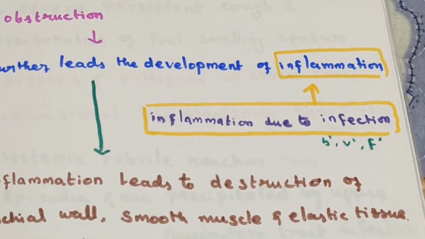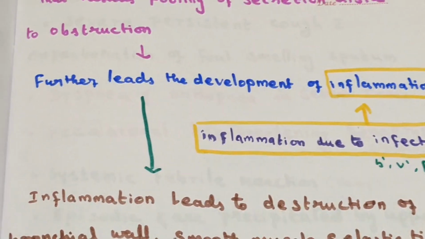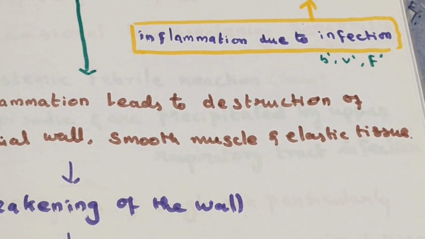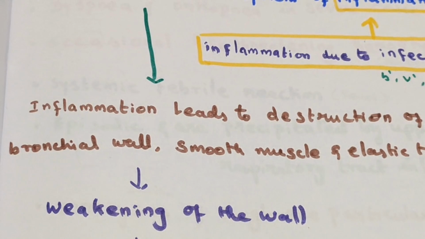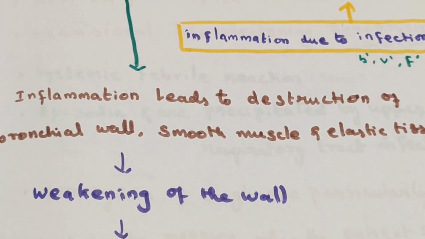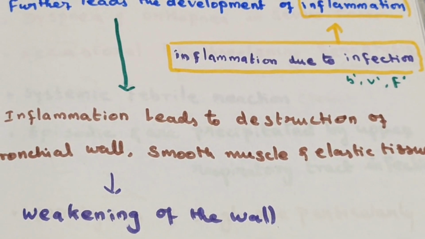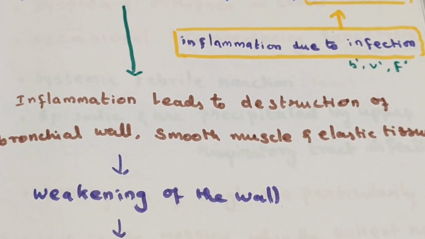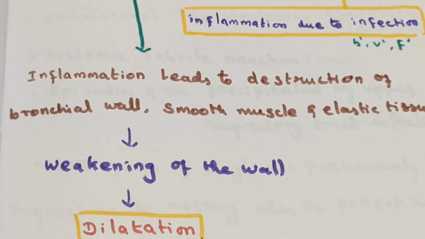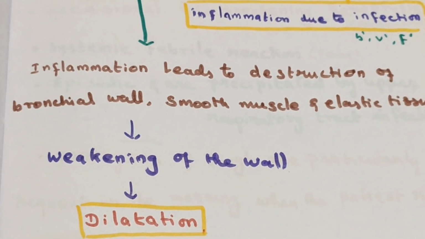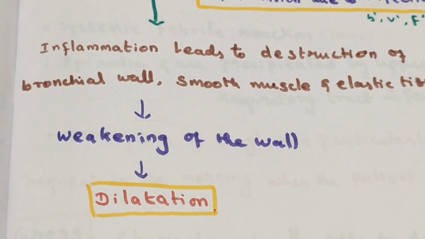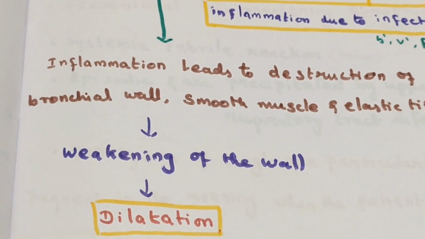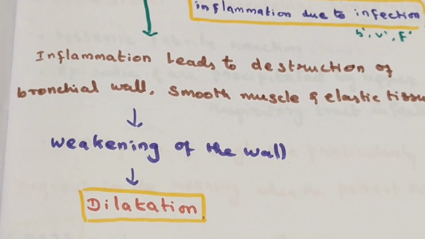When there is inflammation, that inflammation leads to destruction of the bronchial wall, particularly the smooth muscles and elastic tissue. Once the elastic tissue is destroyed, there is weakening of the wall of the bronchi and bronchioles, and that causes dilatation.